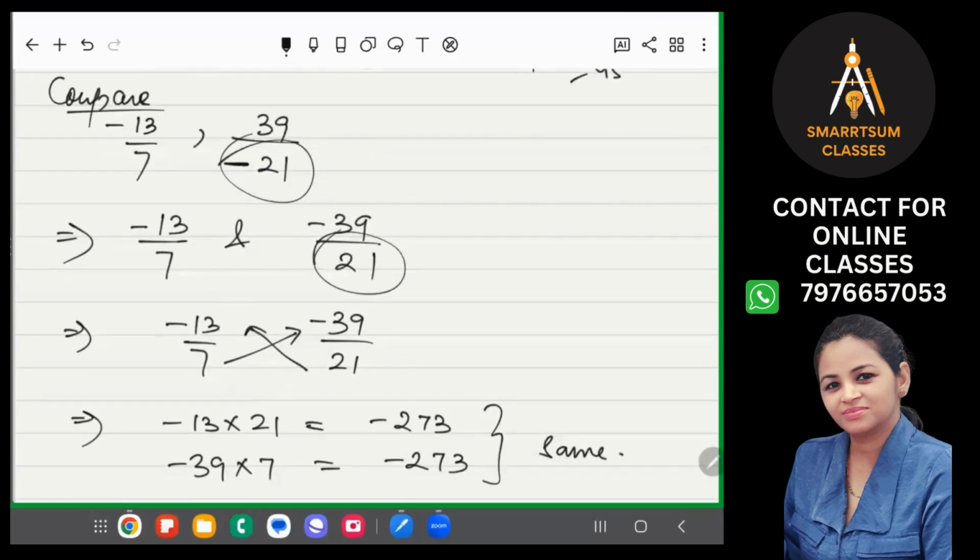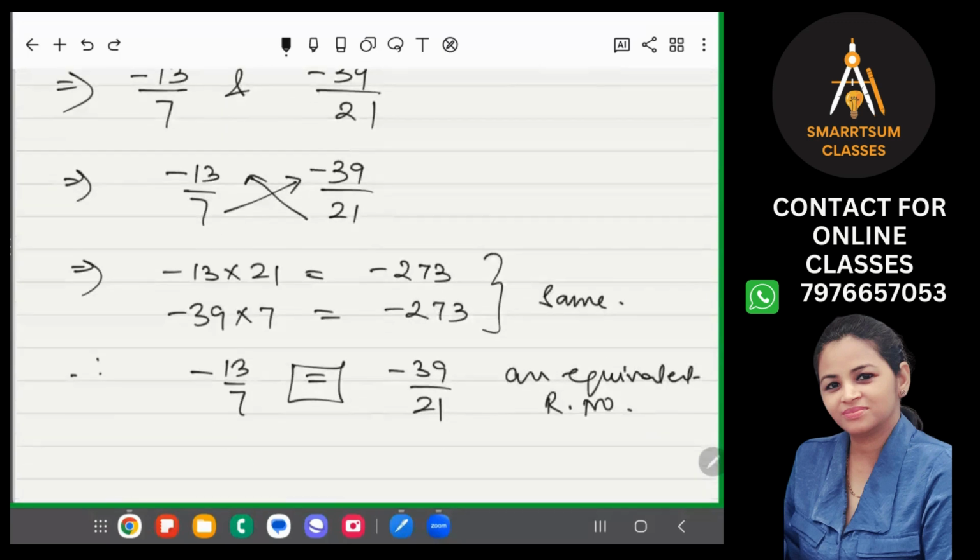So if your denominator is negative, shift that sign upwards. Whether you write 39 upon minus 21 or minus 39 upon 21, both are the same thing, both are negative rational numbers. So first make the denominator positive, and after that you can do the cross multiplication and check which product is greater and which is smaller.